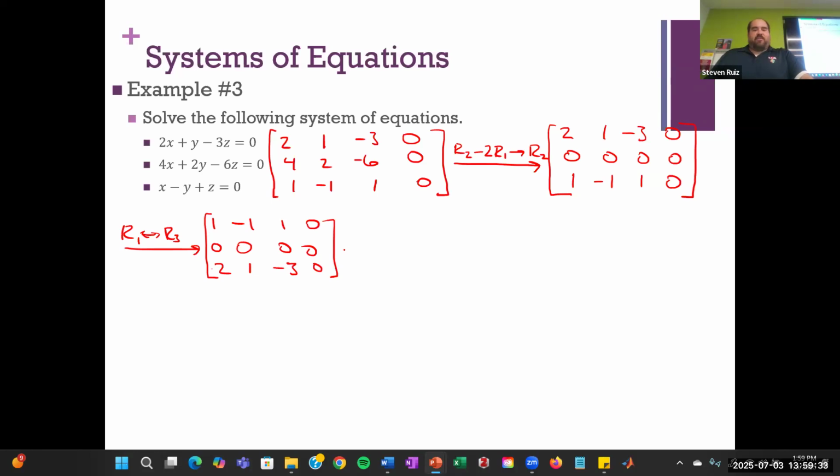I would like to have a 0 where that 2 is, so I'll do row 3 minus 2R1. Zero, 3, negative 3 minus 2, minus 5, 0.